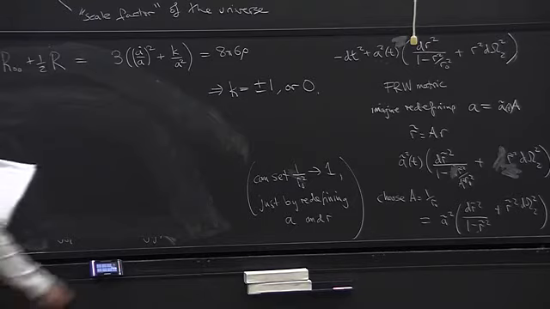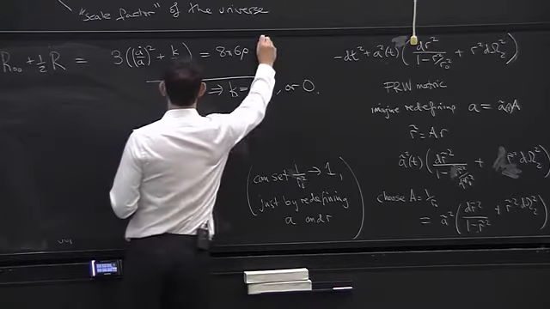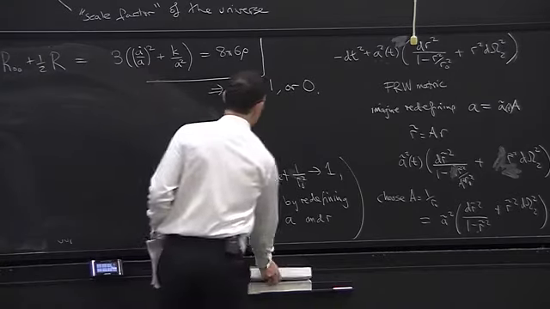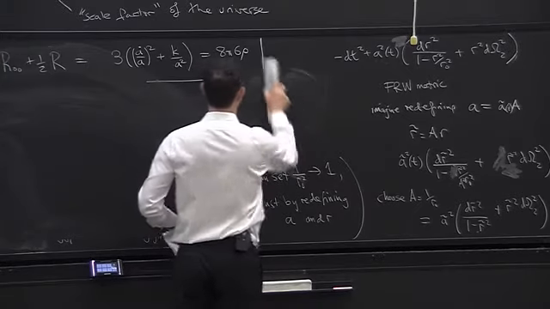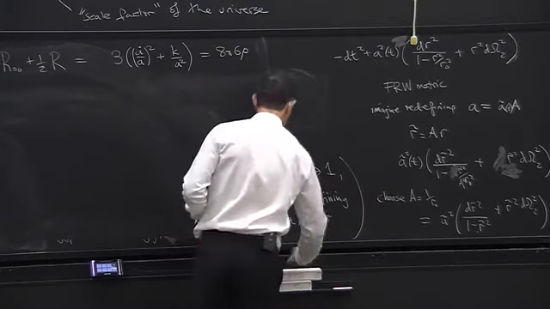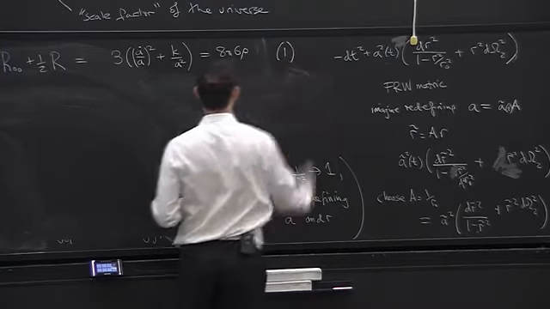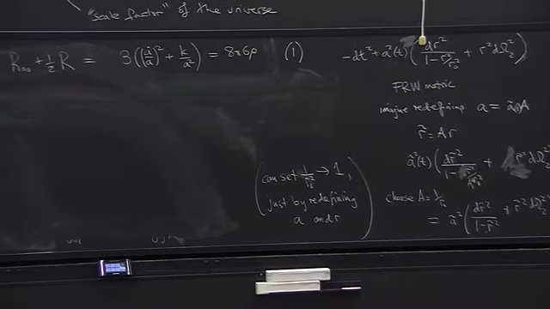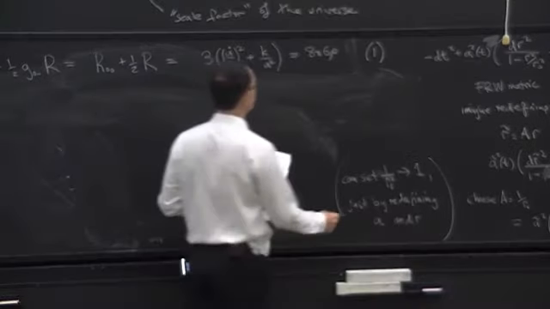Okay, so G00, let's see, that's our first equation. Okay, so this is Friedmann equation 1. This was G00 equals T00.